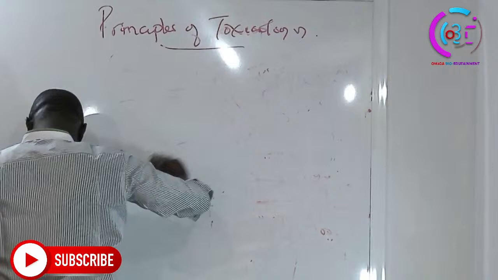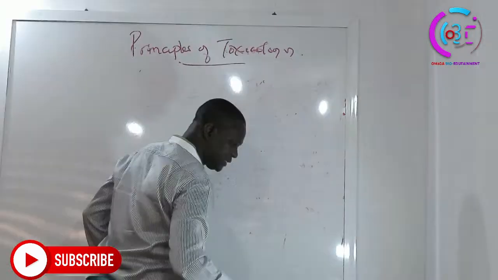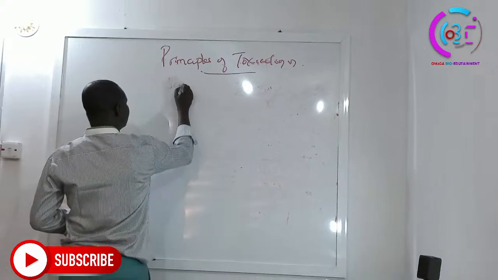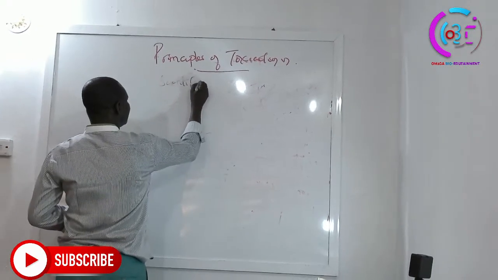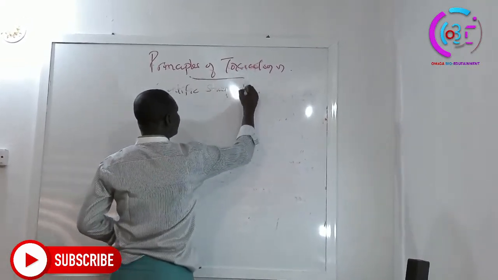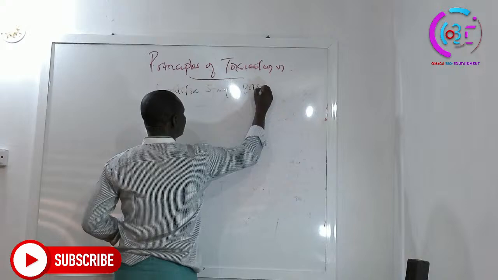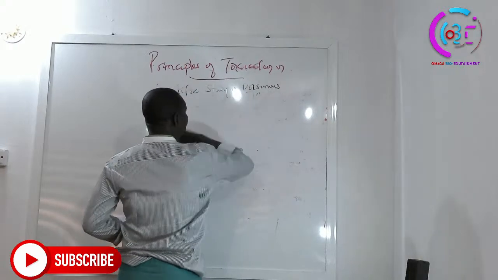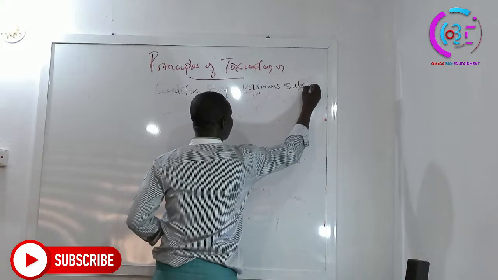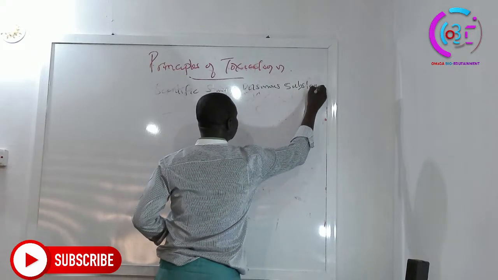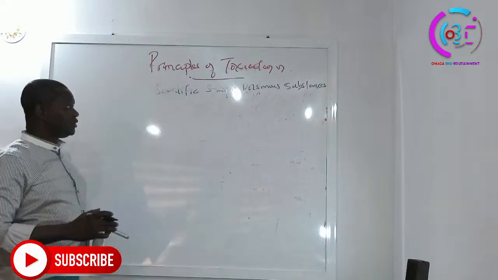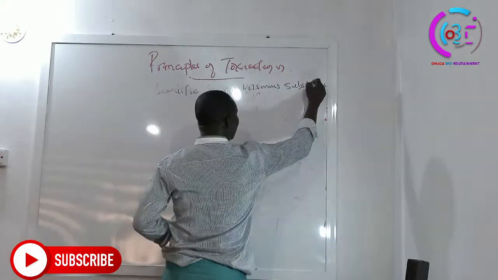Now, looking at toxicology as the scientific study of poisonous substances. Just like I told you, these substances can be chemical, biological, molecular, biochemical, and so on.